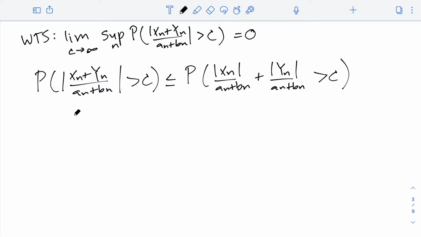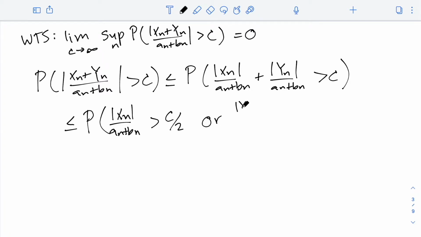And we can say this is less than or equal to the probability, and this part's a little subtle, that this first term is greater than c over 2, or this second term, |Yn| over an plus bn, is greater than c over 2.